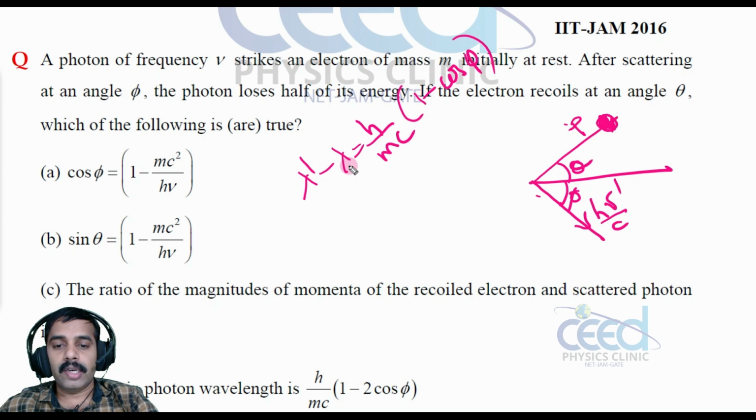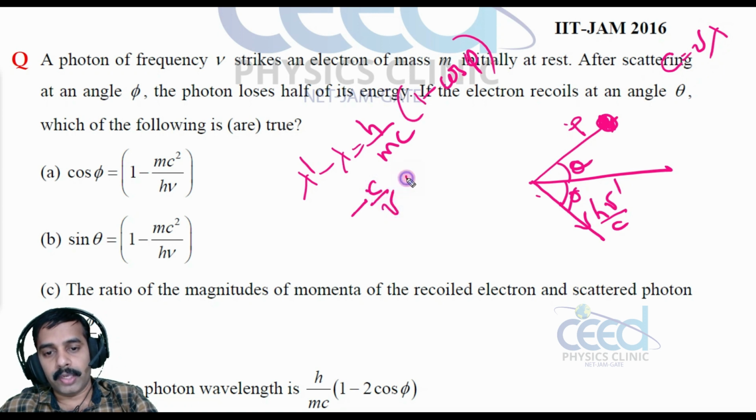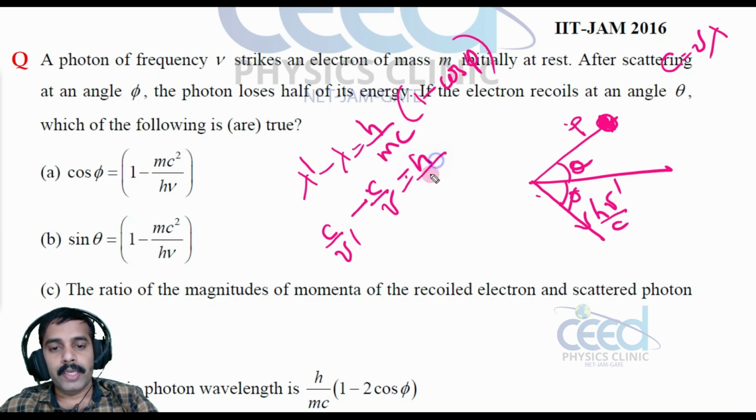So lambda is c by nu, since c is equal to nu lambda. So this is c by nu, and here I can write c by nu dash, equal to h by mc into 1 minus cos phi.